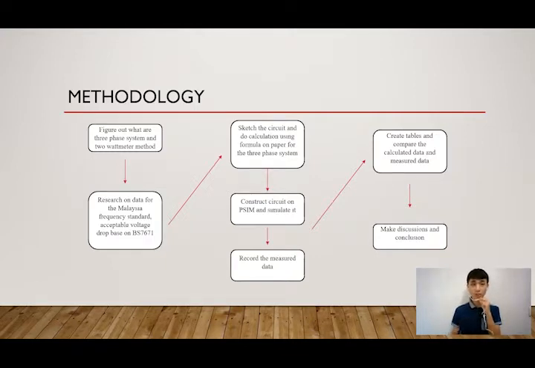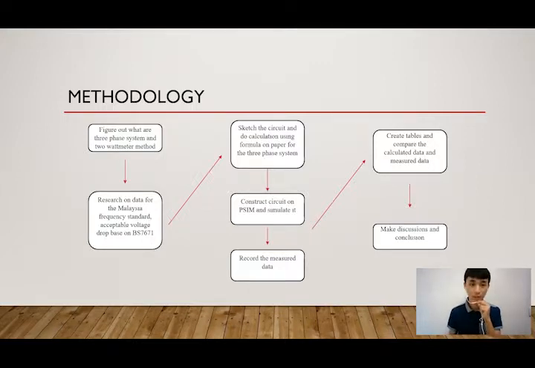The methodology of this project will start by figuring out what the three-phase system and 2 watt meter method are. Second step is to research data for the Malaysia frequency standard and the acceptable voltage drop based on BS7671. Third step will be to sketch a circuit and do a calculation for the three-phase system.